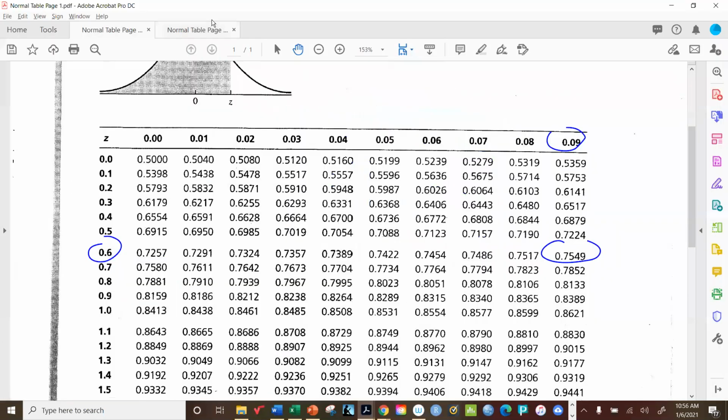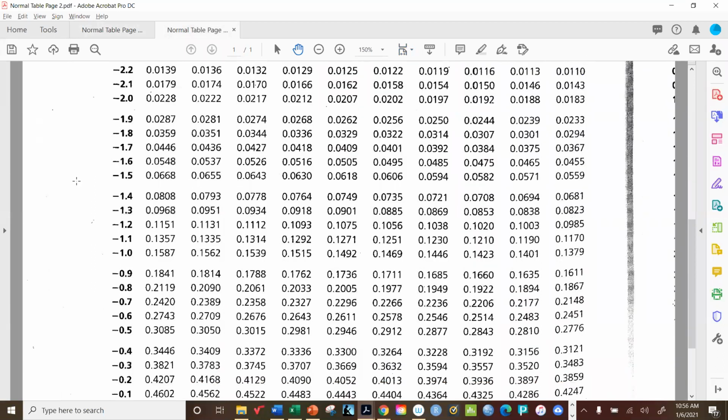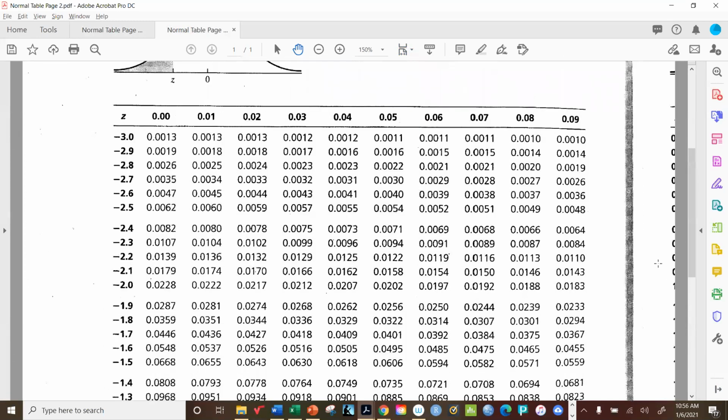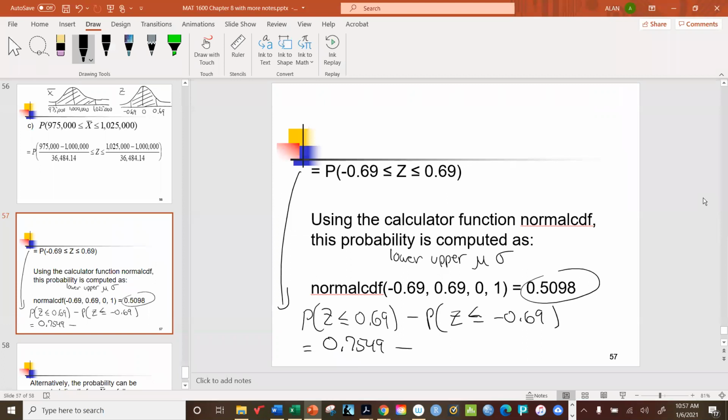And then negative 0.69 is right here, 0.2451. All right, so let's see what that turns out to be. 0.7549 minus 0.2451 is 0.5098. Well, it is exactly the same. That's good to know.